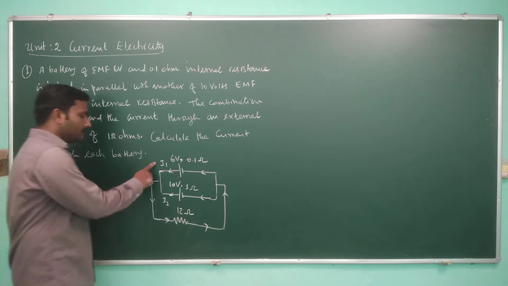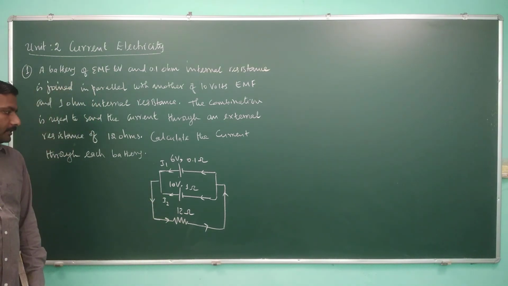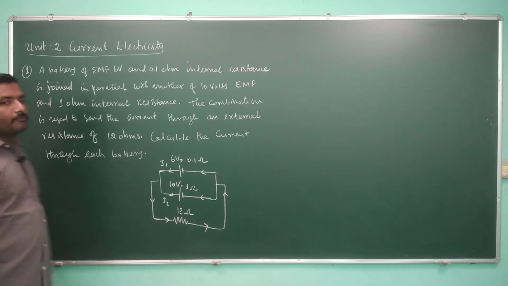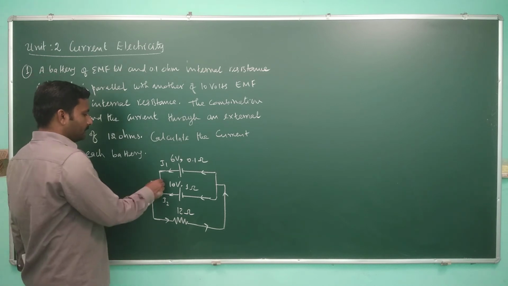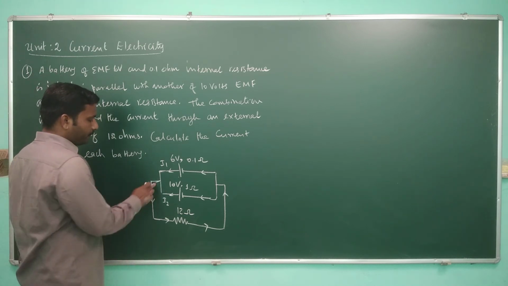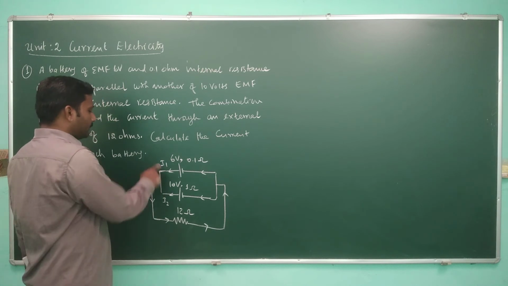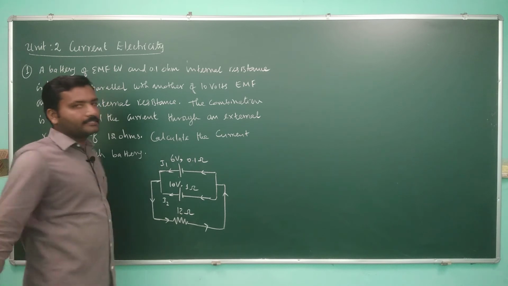What is I1 and what is I2? And this is the question. Now we have to apply Kirchhoff laws to find the solution. That is the idea. Okay. What we need to calculate? We need to calculate the current. What is given? Voltage is given, resistor is given.